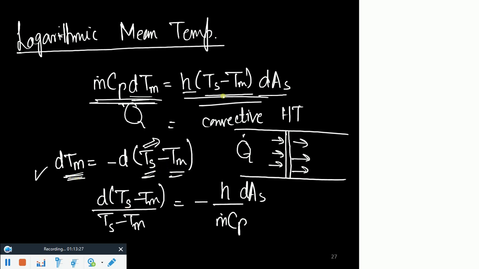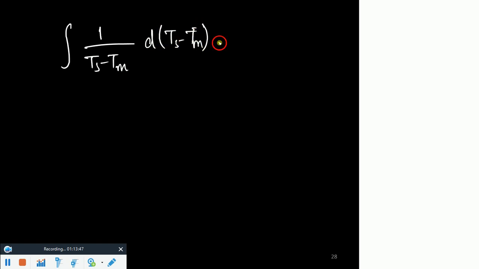But what is the advantage? You can take this into the denominator, and it is just like considering the integration of this. What you can write is integration of 1 over Ts minus Tm d of Ts minus Tm equals minus integral h, and obviously there would be a perimeter term, over m dot Cp into dx.